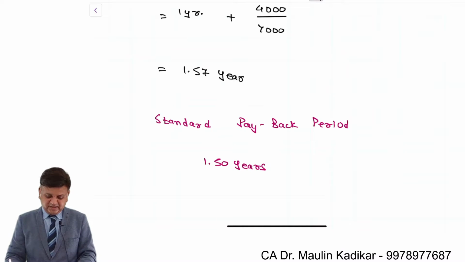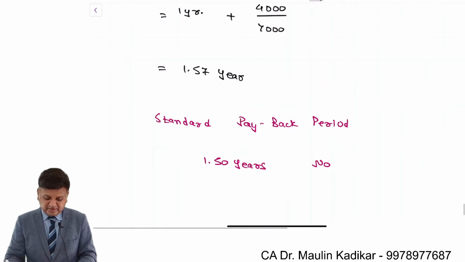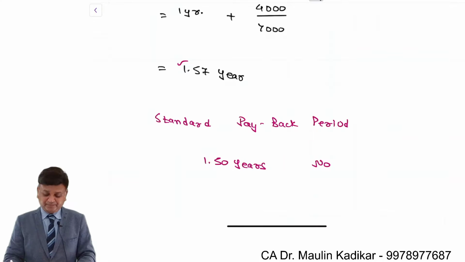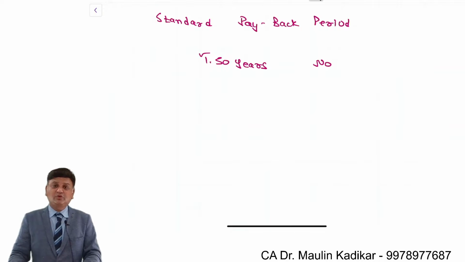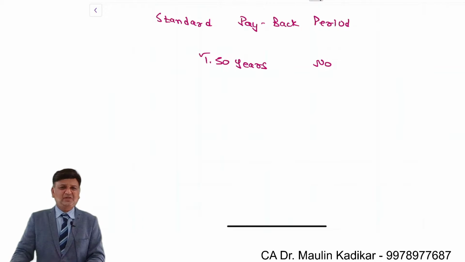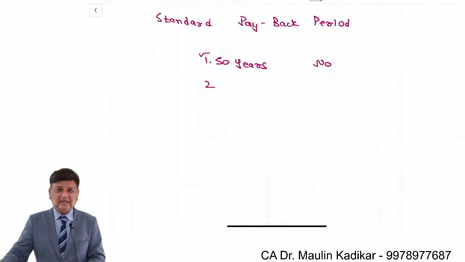Everyone answers correctly that here the project will not be accepted. Why? Because we are able to recover the investment in 1.57 years, which exceeds the time period in which we want to recover the investment. So the project would not be accepted. Suppose the standard payback period is 2 years. Then would the project be accepted?